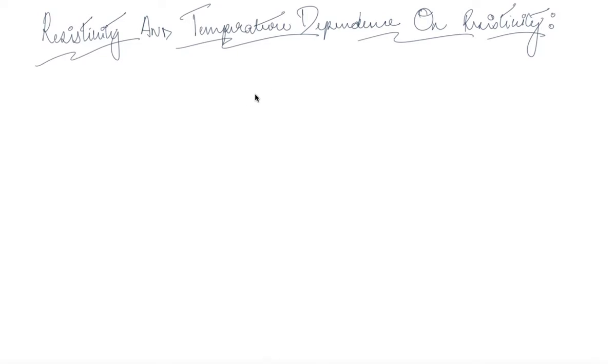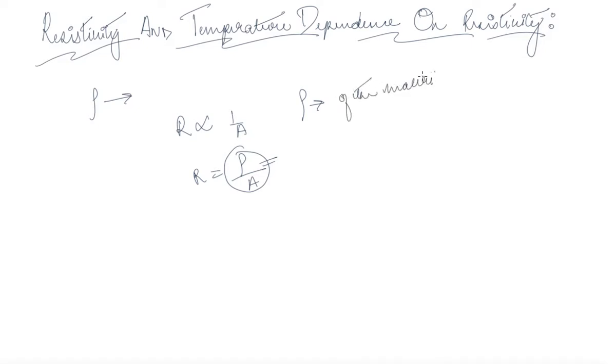So in this video we will be having a discussion on resistivity and how resistivity changes with the temperature. Now resistivity rho is a proportionality constant, that is R is directly proportional to 1 by A, that we know, and R is equal to resistivity into L by A. So rho is the resistivity of the material that we had already established.